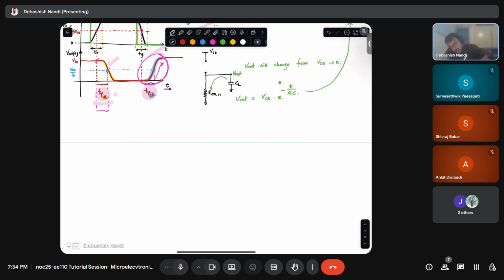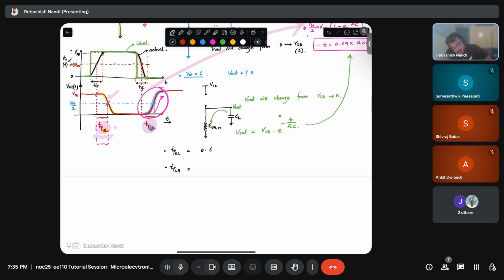So now can you tell me what my TPHL and TPLH formulas will be? This will be something like 0.69 times some resistance times some CL. This is also the same. Let's say this is also the on resistance we know.